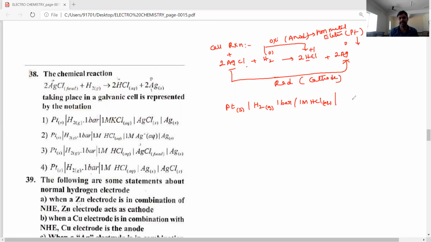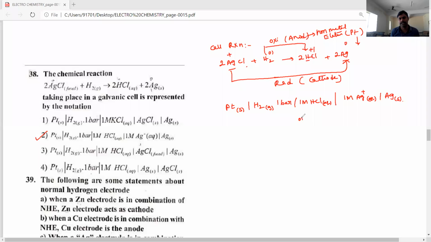Then the reduction: AgCl or Ag+ aqueous | Ag solid. So the 38th answer is H2, 1 molar HCl. The second option is correct.